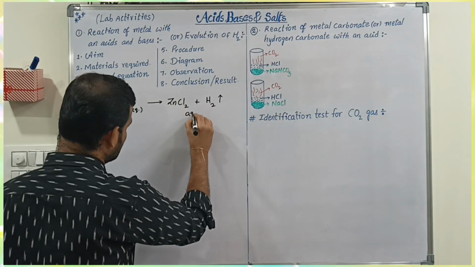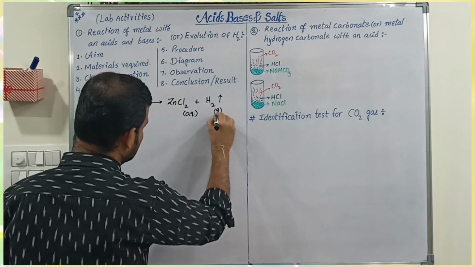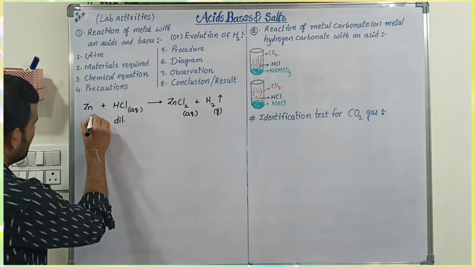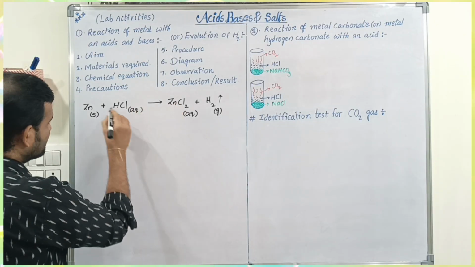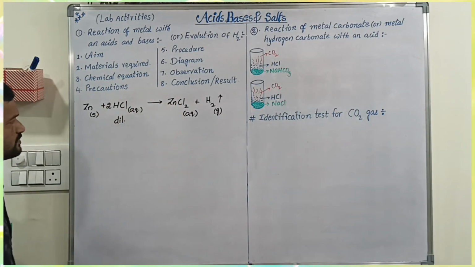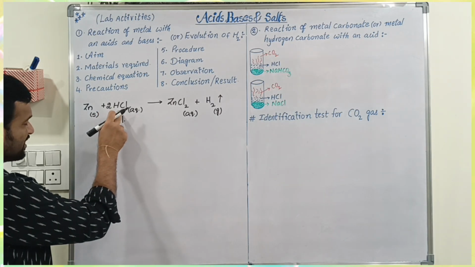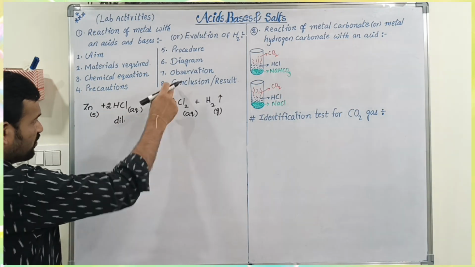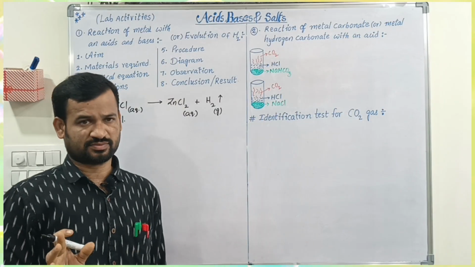Zinc chloride is aqueous, hydrogen is a gas, and zinc granules are solid. Is this balanced? No. So we should take 2 moles. 1 mole of zinc metal reacts with 2 moles of HCl to form 1 mole of zinc chloride and 1 mole of H2 gas.